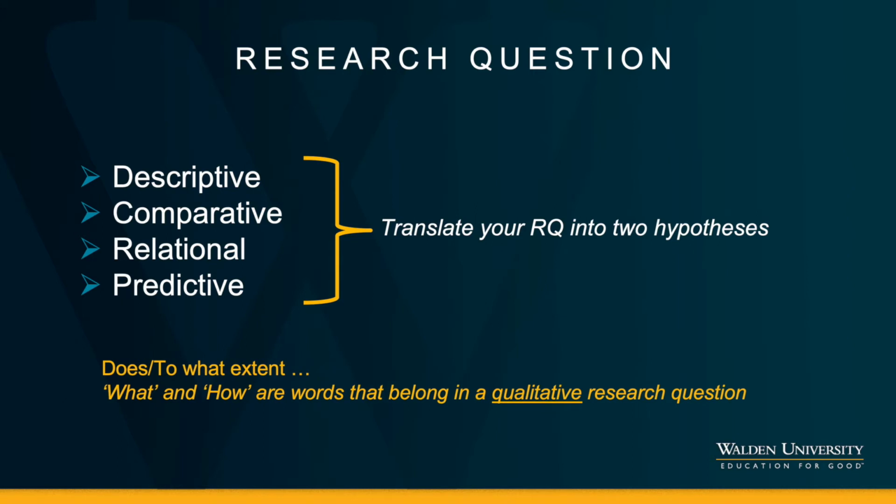And as far as I know, and within the training that I received, those words belong in a qualitative research question. I was taught during my dissertation process by my chair to use the phrase to what extent. That will prevent you from quickly answering a research question with yes or no, and it allows for a little bit more nuance in the interpretation. I've also seen research questions that start with the word does.